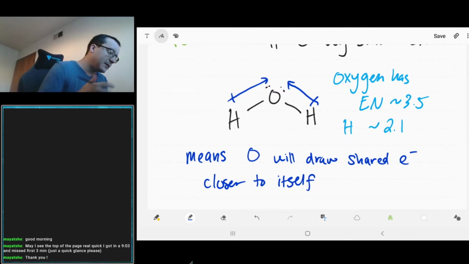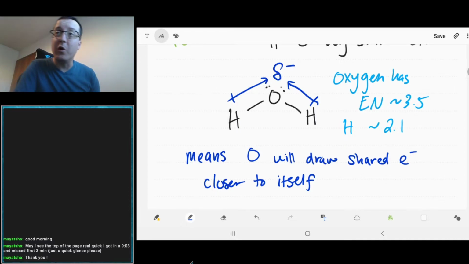And as a result, we're going to see that oxygen, by having more electrons, will have what's called a partial negative charge. So that symbol, that's a Greek letter delta, lowercase. And so because the oxygen kind of hogs the electrons, it's just going to be a little bit negatively charged. Not at all a full negative charge like it is with a metal, but it'll just be very slightly negative.